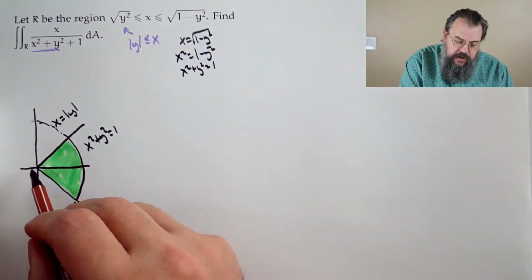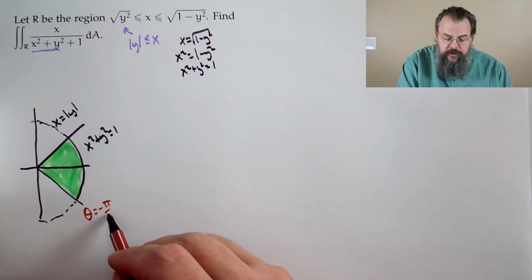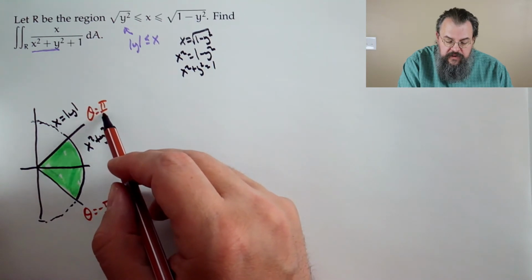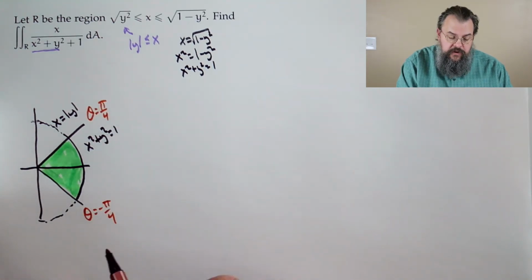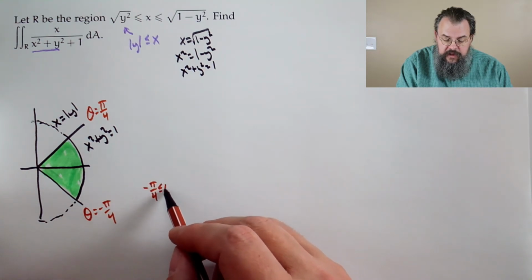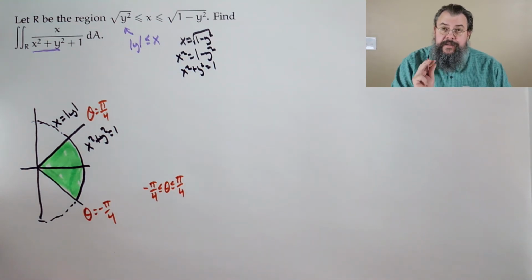This angle coming down corresponds with theta equals negative pi fourths, and this one coming up is theta equals positive pi fourths. So negative pi fourths less than or equal to theta less than or equal to positive pi fourths. Now that's just for theta.